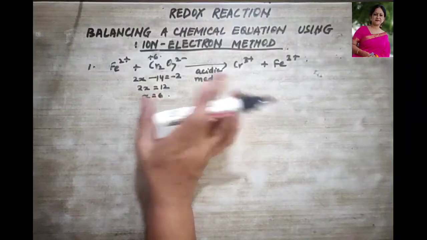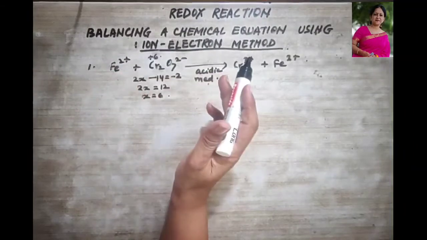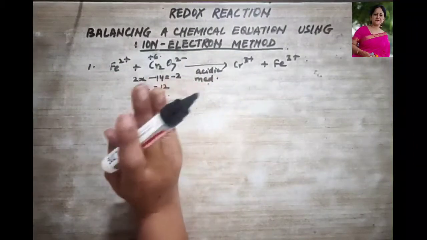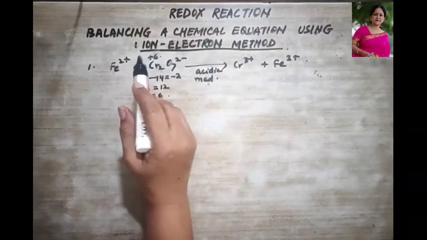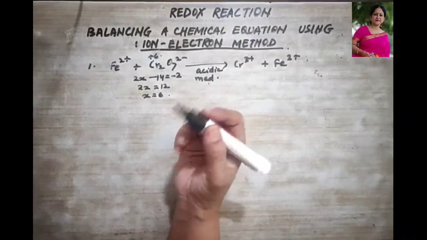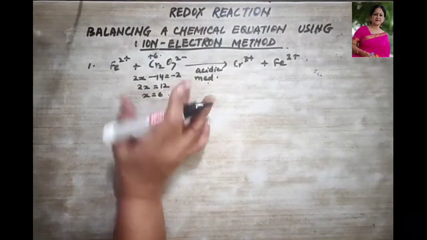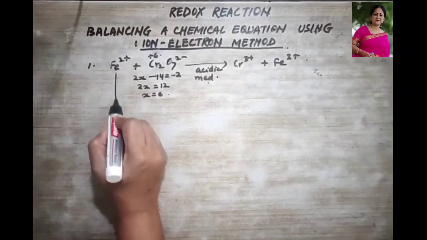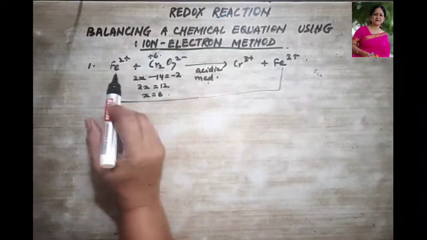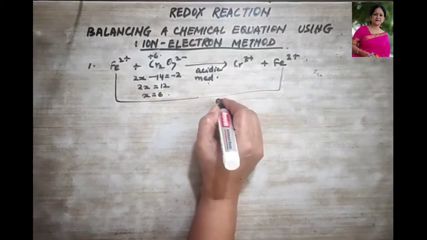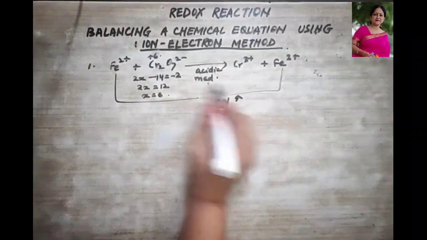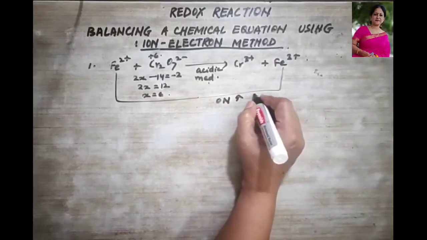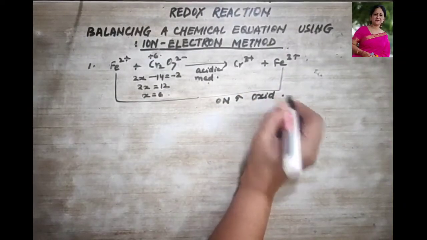Next, what we have to do? We have to divide them into oxidation and reduction halves, or the half reactions. So, let's see which one is going to get oxidized and which one is going to get reduced. If you look at this, the oxidation number of iron increases. If the oxidation number is increasing, it shows oxidation.